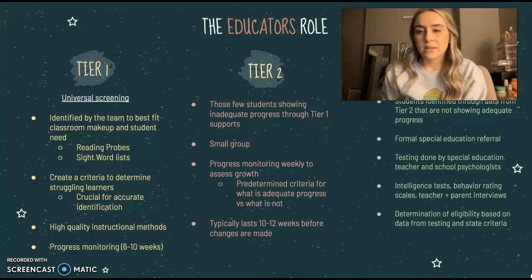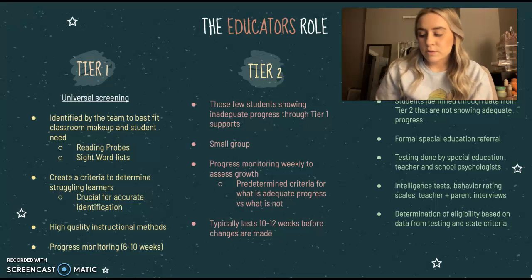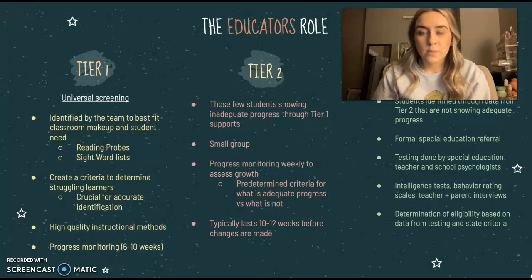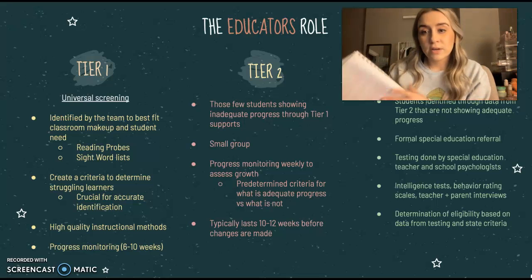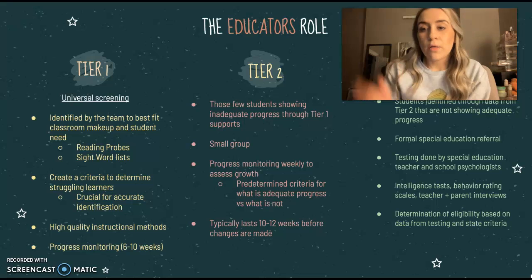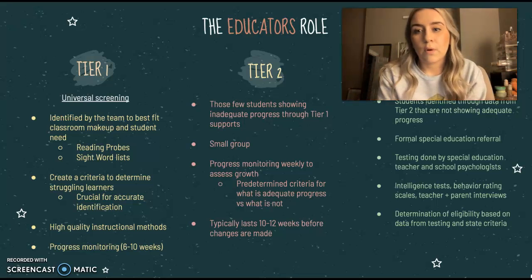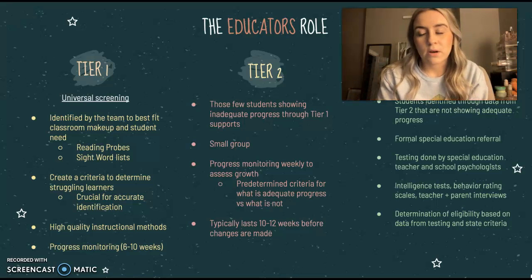If you set a standard that's too high or too difficult, you might identify too many students for having too high of a bar. If you are setting a bar too low, you might not be identifying the students that do need the extra support. So creating a criteria in all 3 tiers is really important for accurately using the RTI model.